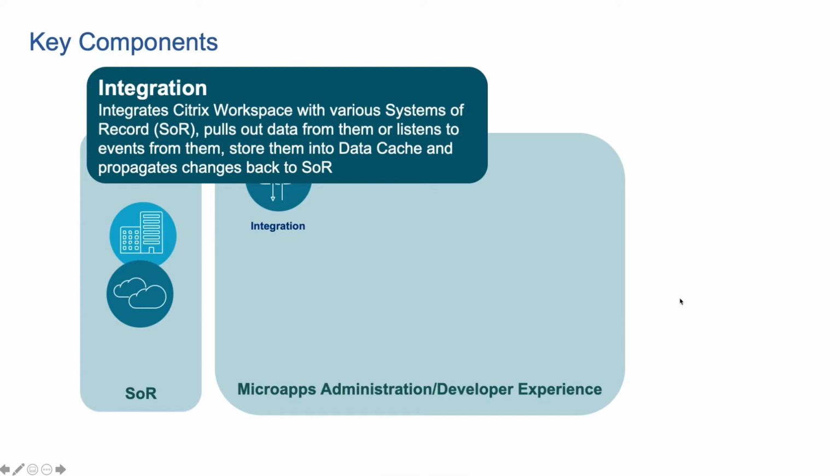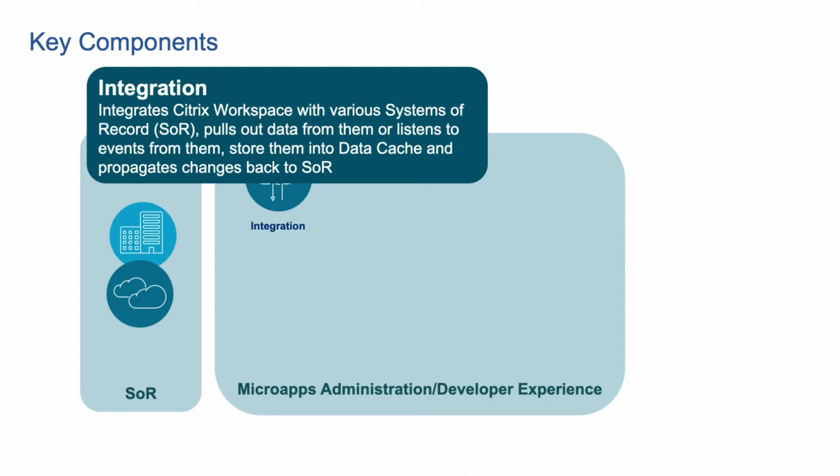To connect to those systems of record, we have an integration component here, and the integration component connects the system of record with the microapps platform. It can pull the data out or provide a webhook listener to listen and process events from those systems.